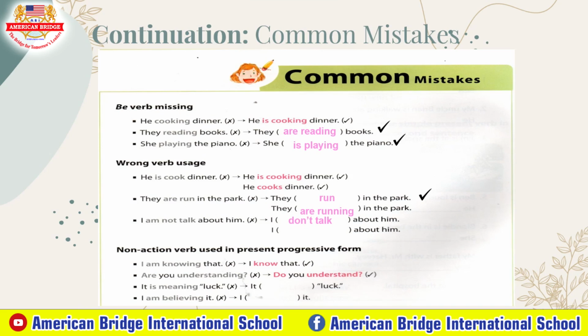I am not talking about him. Correct. Very good. So these are the correct form of sentences not to use wrong verb. Okay? Take note. Now let's move on to our third common mistake for this present progressive form.